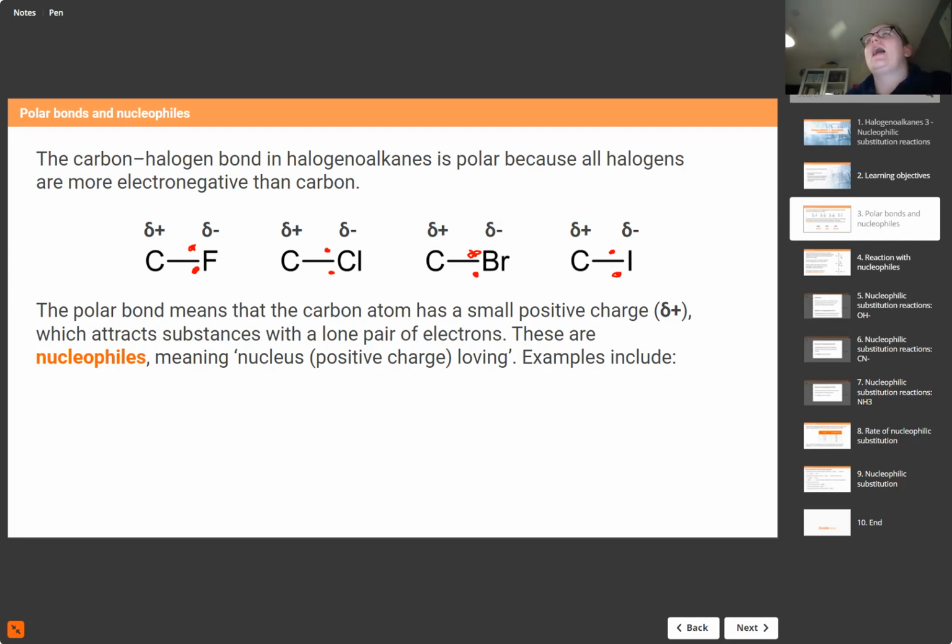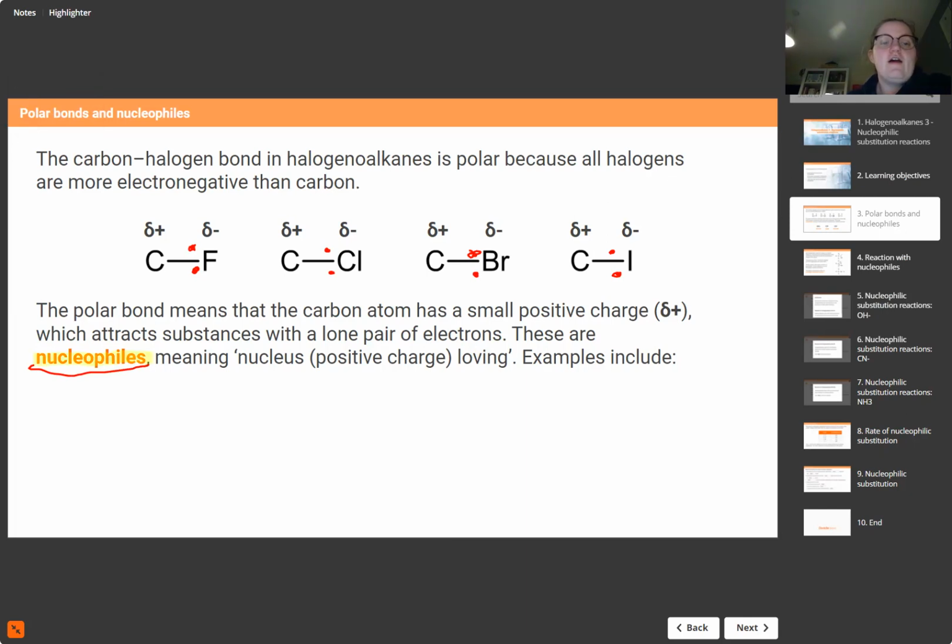Whilst they don't have an empty outer shell, because the carbon is slightly positive, they're reacting in a way where it sort of almost is, because the pair of electrons that we share covalently is more towards the halogen. These substances that they attract are called nucleophiles.